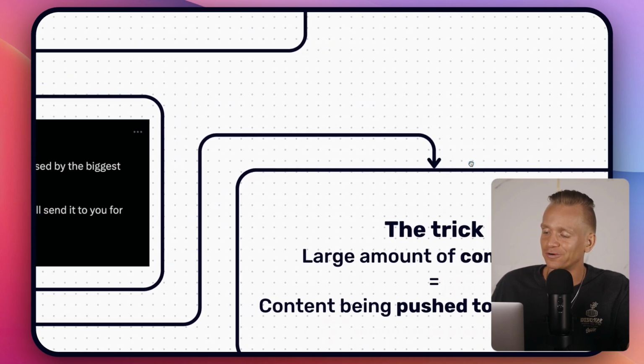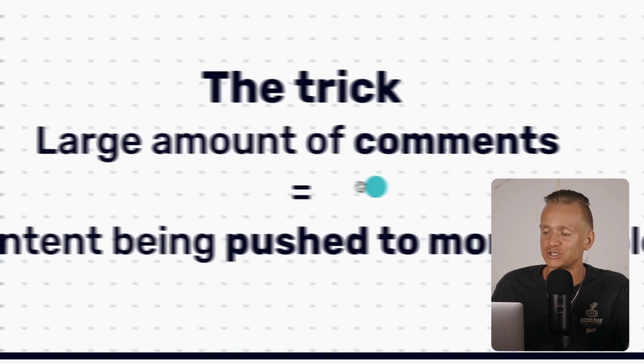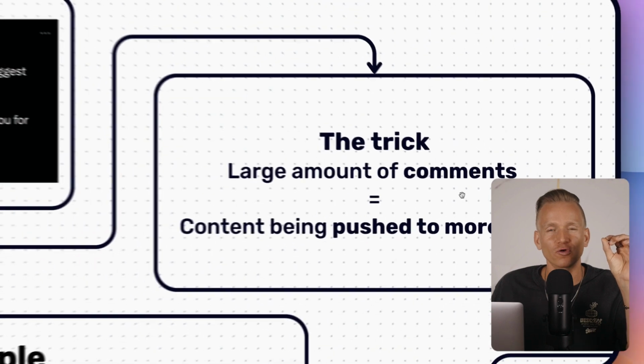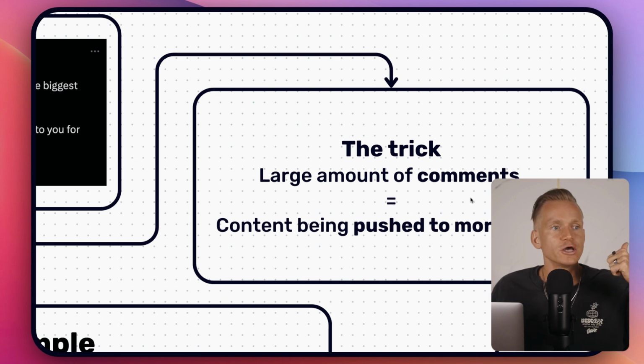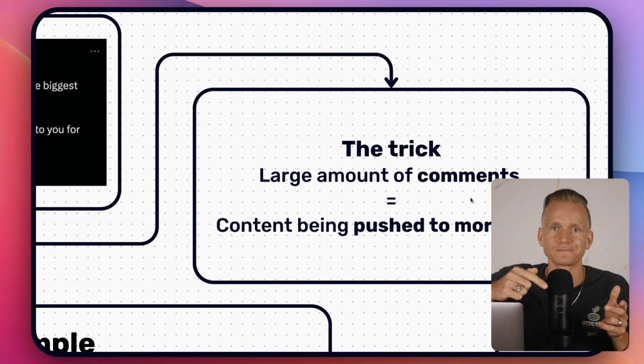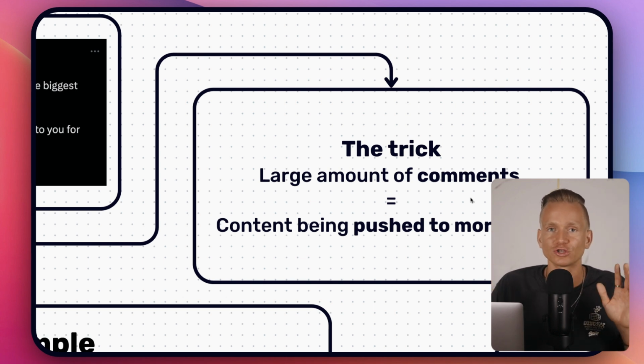But basically here, the trick is that the more comments you get, and comments for most of the social media platforms are one of the main things that help you boost your engagement, especially when it comes to Twitter and Instagram. It works really well on LinkedIn, because when someone comments on your post, then a lot of their connections are going to see your post.